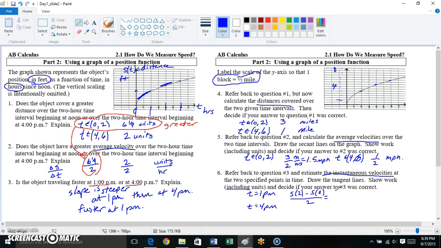Okay, if we call s of 2 3 miles and s of 0 0 miles, okay, we still get 1.5 miles per hour.